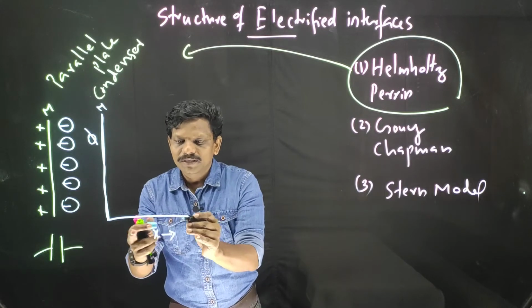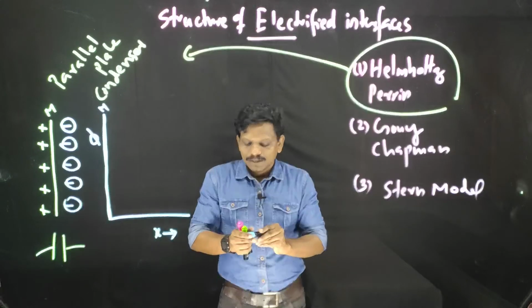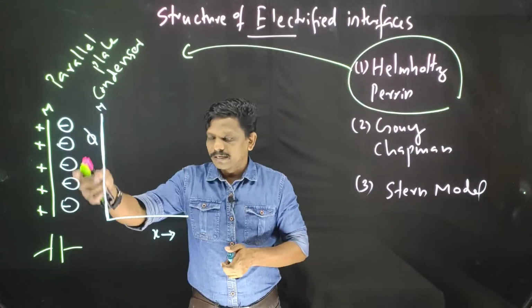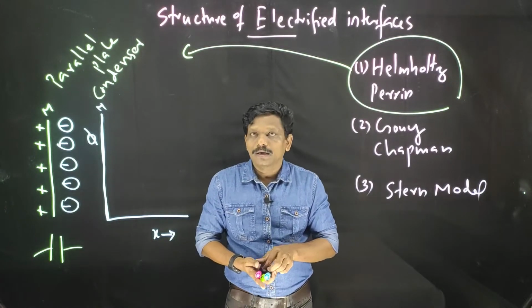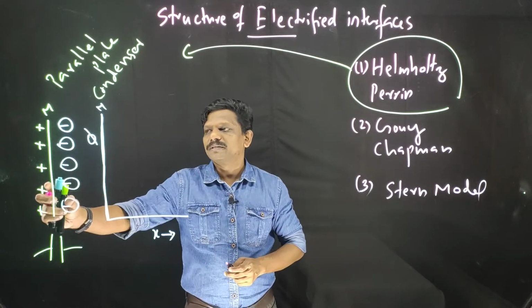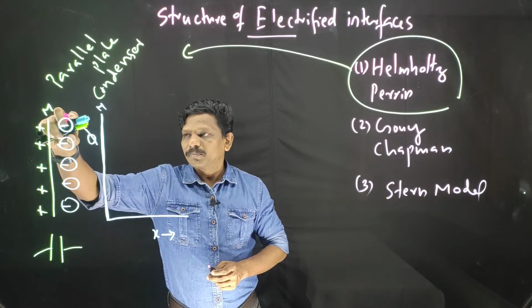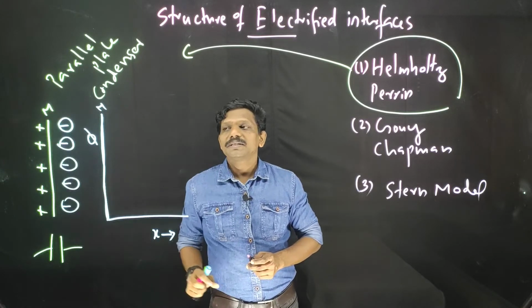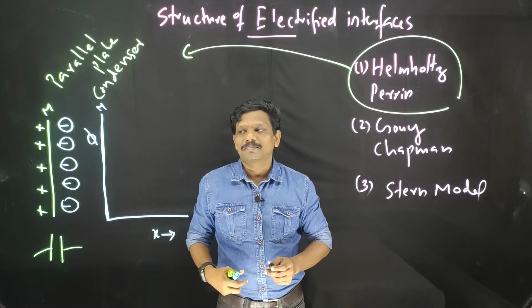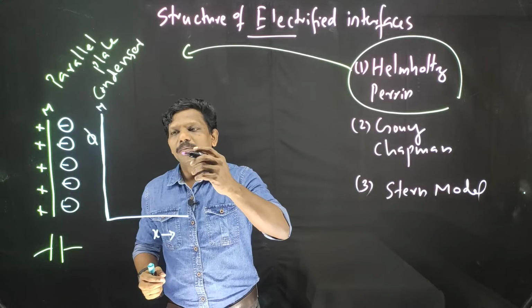So x is the distance from the electrode. I told you that there is an interface, and the Helmholtz-Perrin model proposed this type of interface. Suppose there is an array of positive charge here, correspondingly there will be negative charge. That is how he explains it, which is why it is known as a very rigid model.